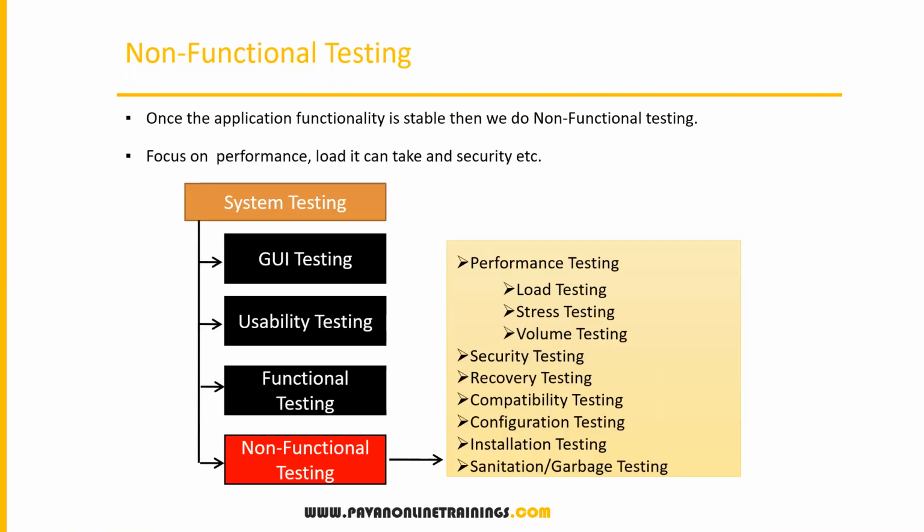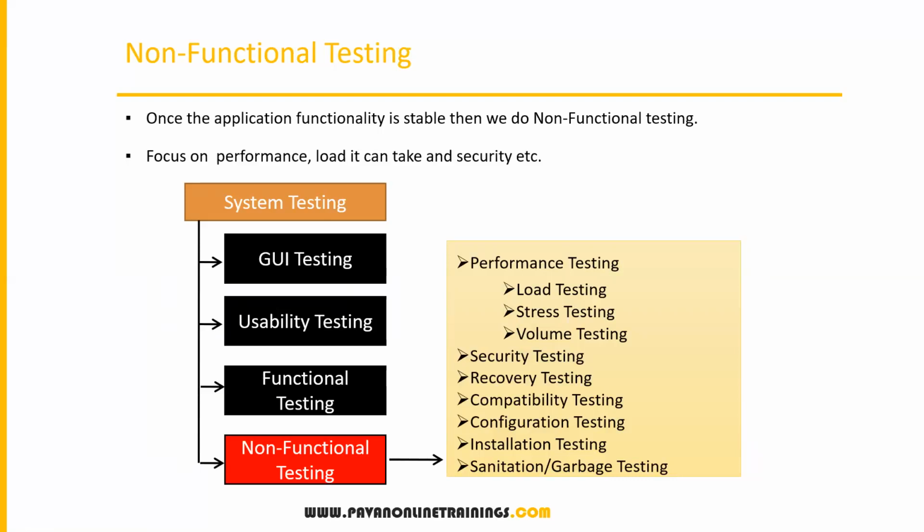That comes under functionality, meaning a feature of the application we have tested. So after functional testing is done, then non-functional testing will start, because once the functionality is stable, then non-functional testing will be conducted.